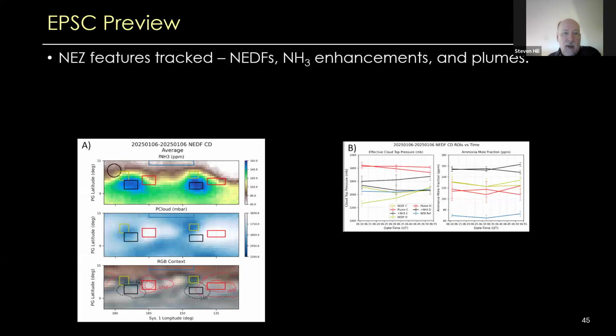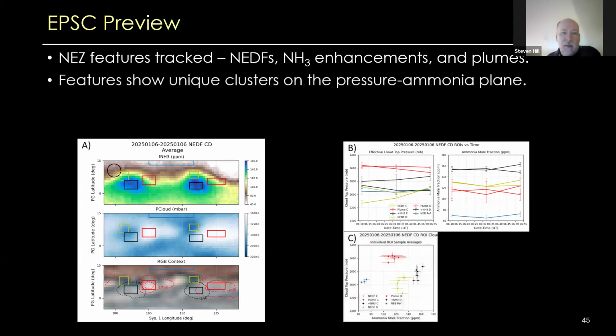So I do want to track these regions to see what we can find. This is sort of a preview of some information I'm developing for EPSC in September. The features here show some unique clustering on the pressure ammonia plane. In particular, we have plumes that show high altitude, low cloud top pressure at about 1600 millibars.